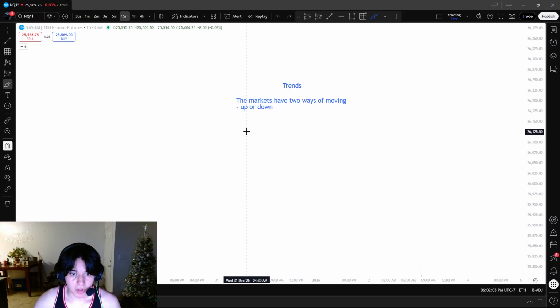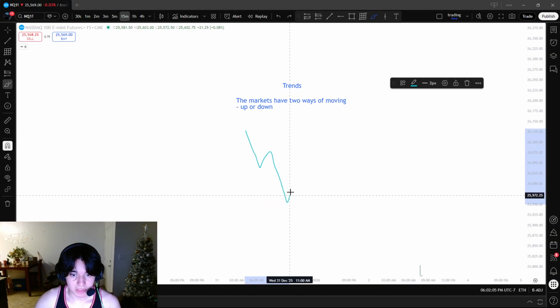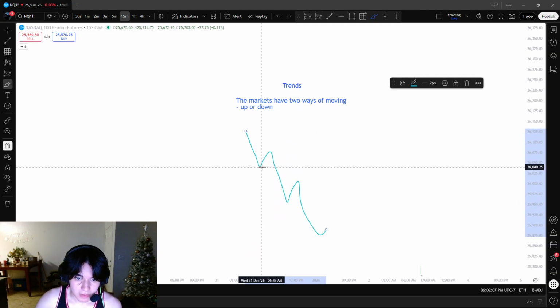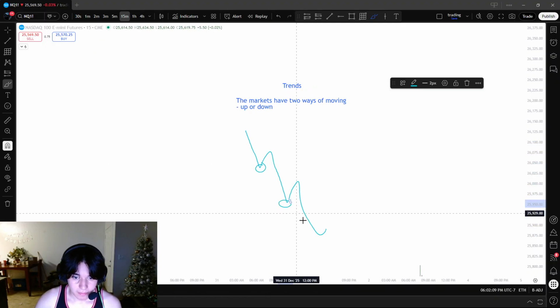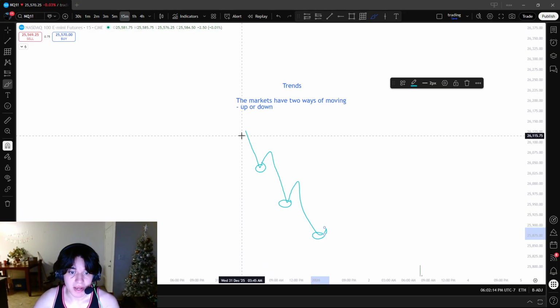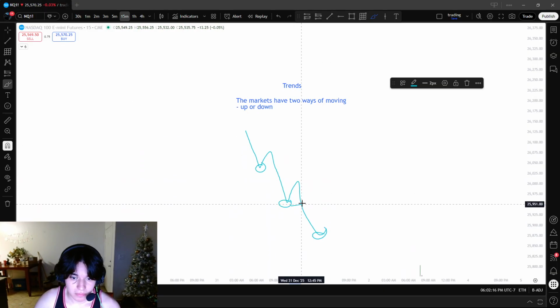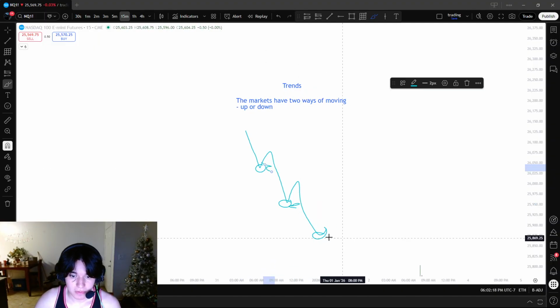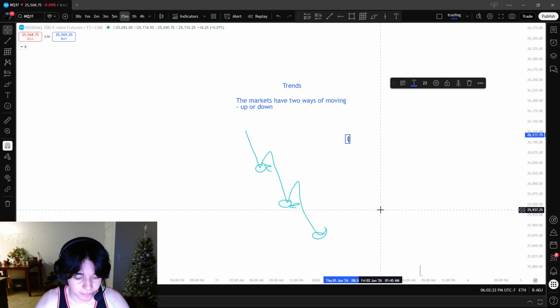So now for lower lows. These are lower lows. Every time the market comes down here and creates a low, and it keeps doing that, low, low, low, breaks this low, keeps going lower. These are called lower lows.